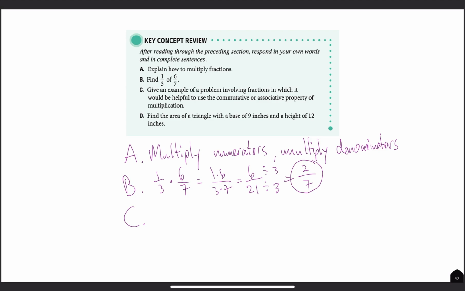C. Give an example of a problem involving fractions in which it would be helpful to use the commutative or associative property of multiplication. Well, an example would be when you have a whole number and a fraction.